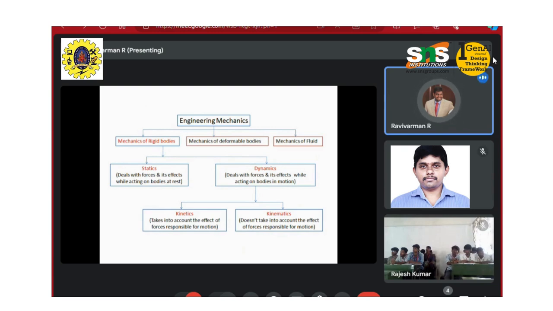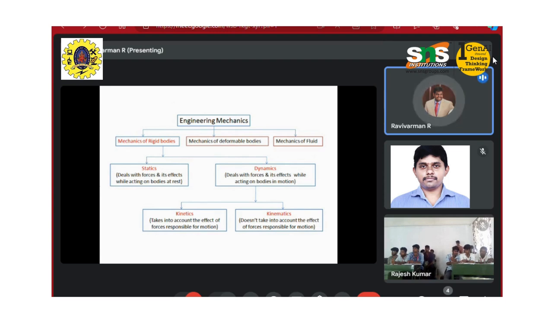So kinematics is very important to know to design any mechanism, any system: how the path is defined, how the motion is defined, and what the dimensions of the system are.